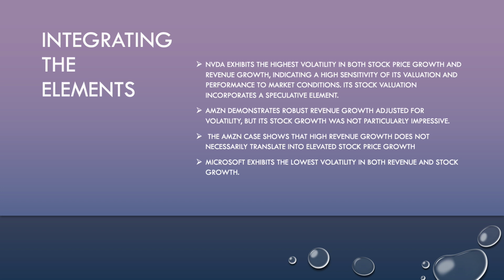Amazon demonstrates robust revenue growth adjusted for volatility. That is what we observed in today's video. But in last week's video, we observed that Amazon's stock growth was not particularly impressive compared to the other companies. What we see from the case of Amazon is that high revenue growth does not necessarily translate into elevated stock price growth.